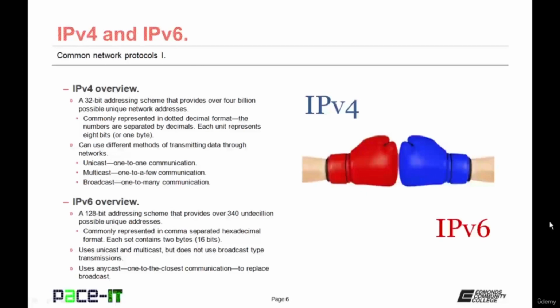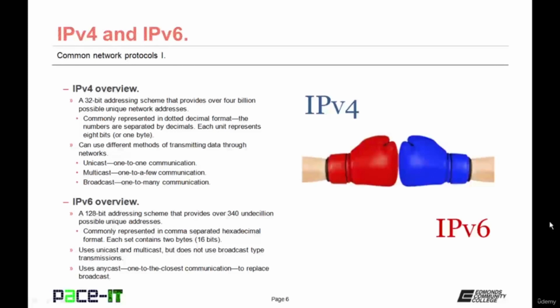Each unit represents 8 bits or 1 byte. IPv4 can use different methods of transmitting data through the networks. It can use unicast, which is one-to-one communication. It can use multicast, which is one-to-a-few communication, or it can use broadcast transmissions, which is one-to-many communication.